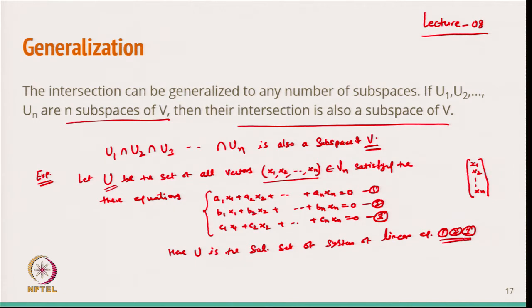It is a system of linear equations with n variables and 3 equations, so infinitely many solutions are going to happen. In this case it is a homogeneous system, so it is always going to have a solution. That set I take as U.